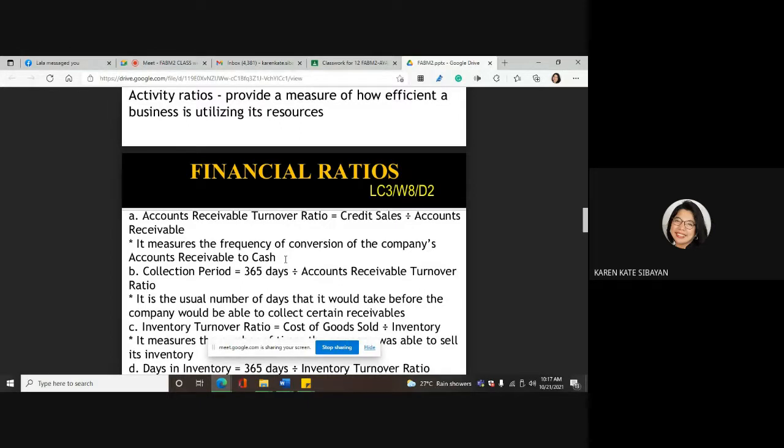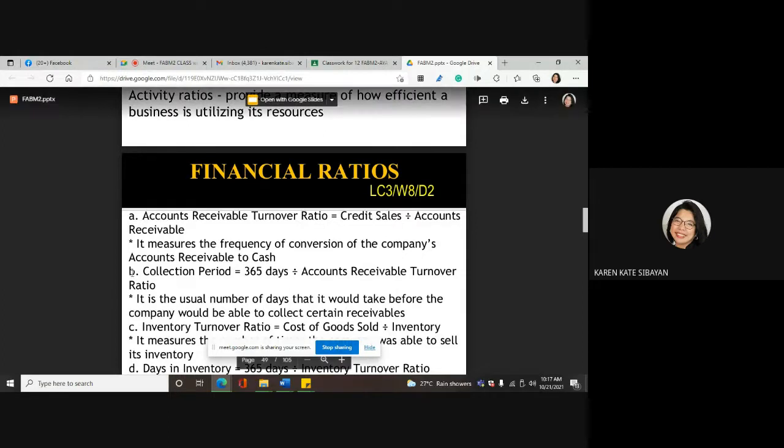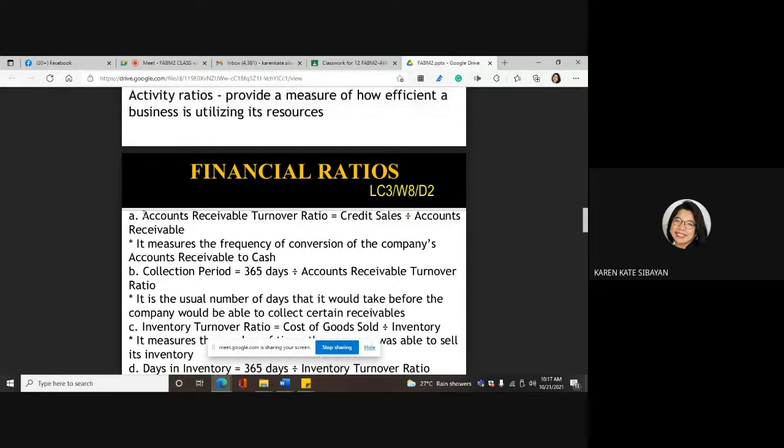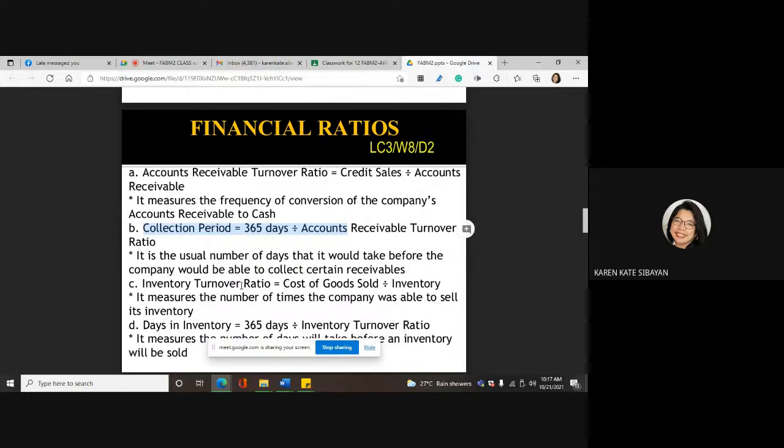Ganon, ha? Next is collection period. How to compute your collection period? 365 days divided by accounts receivable turnover ratio. So meaning to say, hindi mo mako-compute itong collection period kung hindi mo muna na-compute itong accounts receivable turnover ratio kasi dependent siya dyan. Diba? So it is the usual number of days that it would take before the company would be able to collect certain receivables.